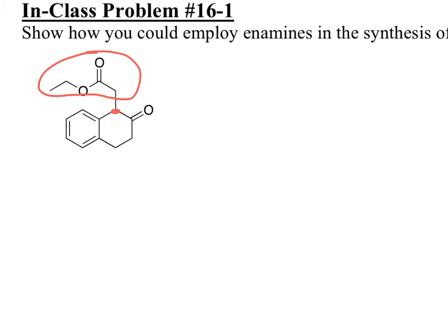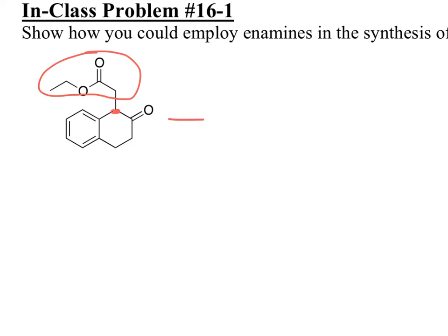And so therefore, if we were to create this compound with an enamine, we would have converted this to an enamine right here, and this piece would be your electrophile. And you've noticed there's a carbon there, right? So we'd have to have some leaving group on that carbon. It could be some alkyl halide, some halide, or other leaving group.